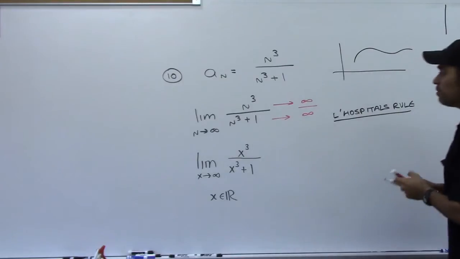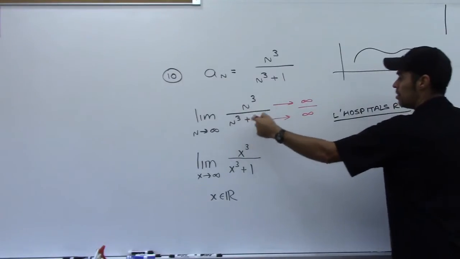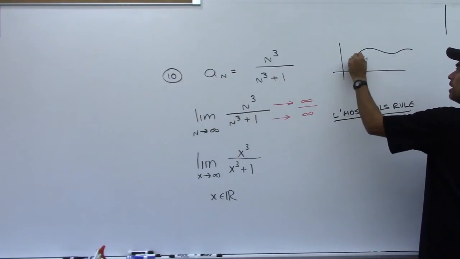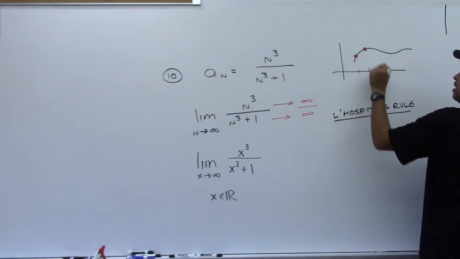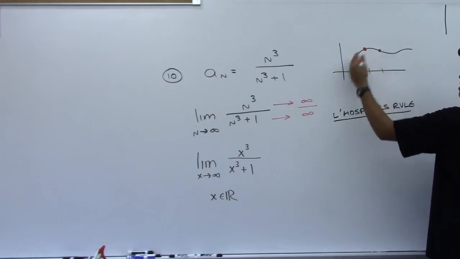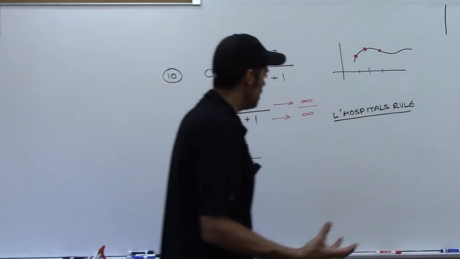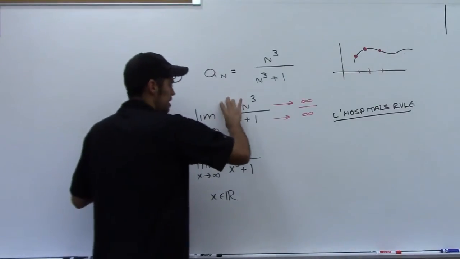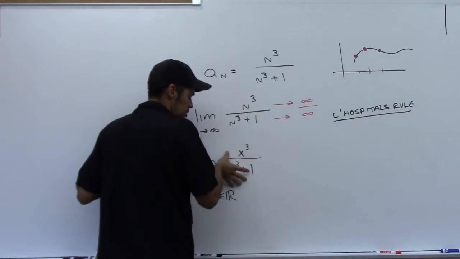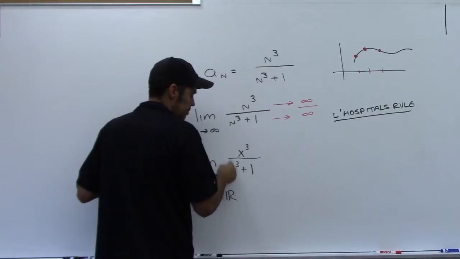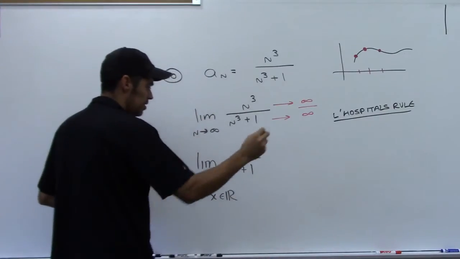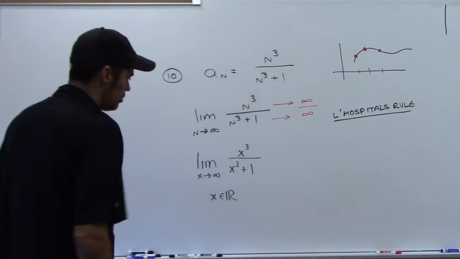Realizing that our sequence, if we plug in 1 we get this, and plug in 2 we get this, whatever the function does, the black curve, the sequence must also do. So it's a subtle thing, but we have to convert the sequence into a function where we're allowing the variable to be in the real numbers instead of just the integers or natural numbers.